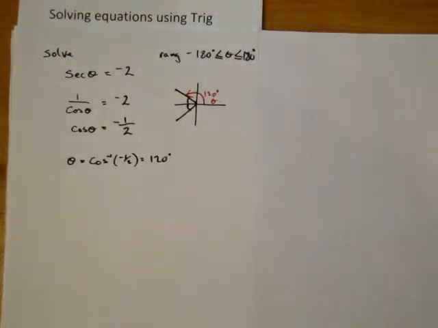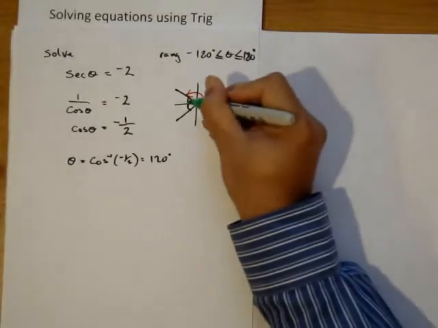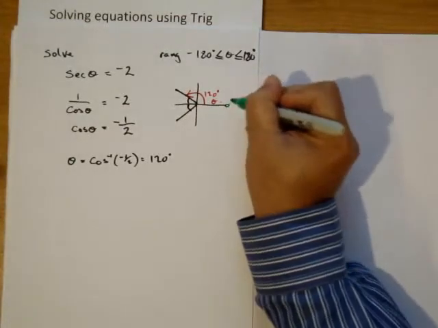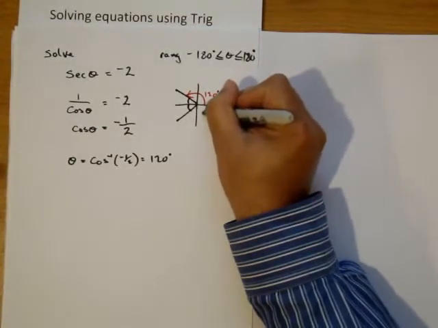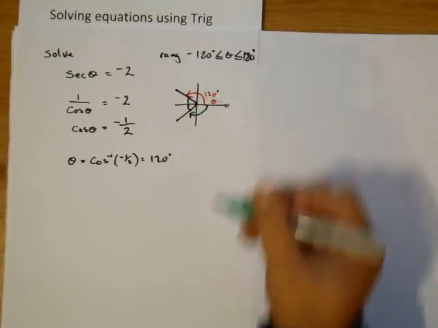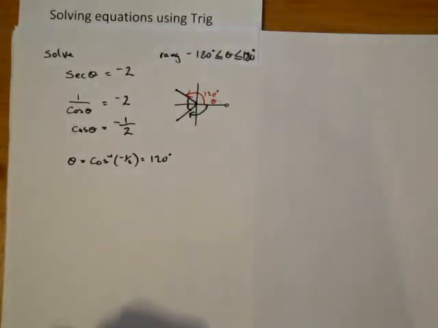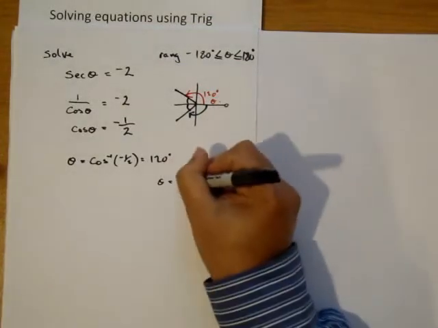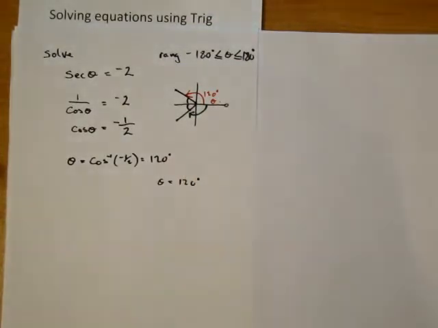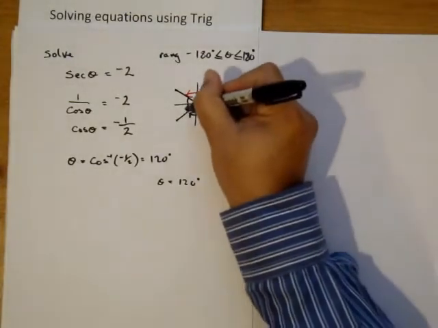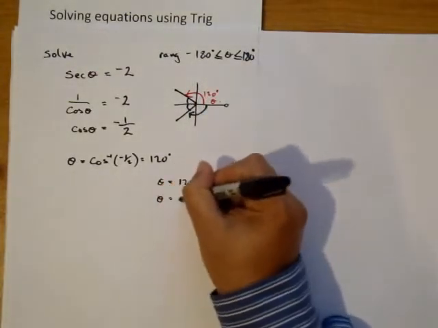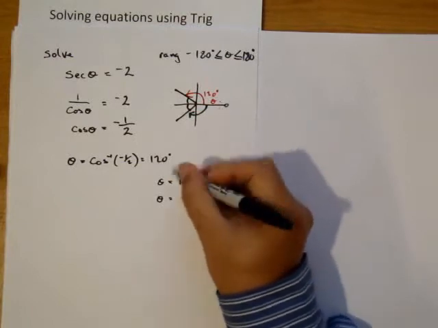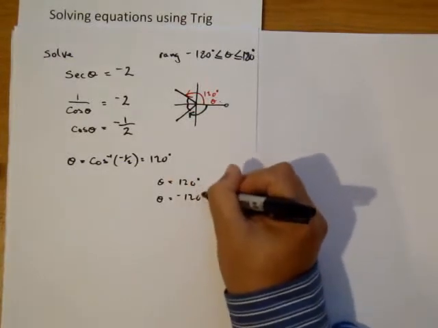When we're giving the two answers for theta, we have to give that one and also the one that goes from 0 to minus 180, which is that way. So the answers are theta equals 120 degrees, and also when we go the other way, theta equals minus 120 degrees.